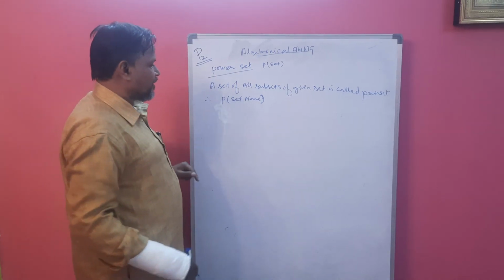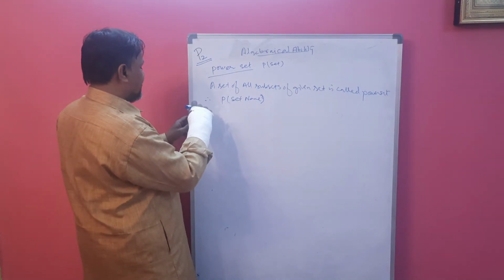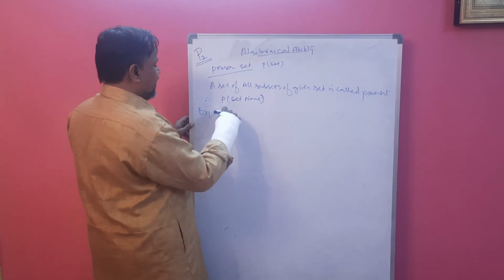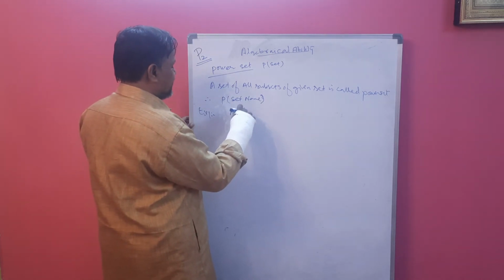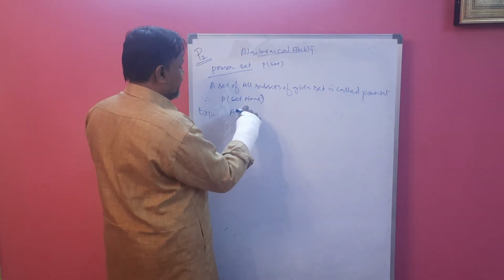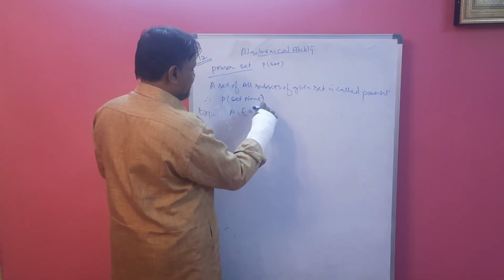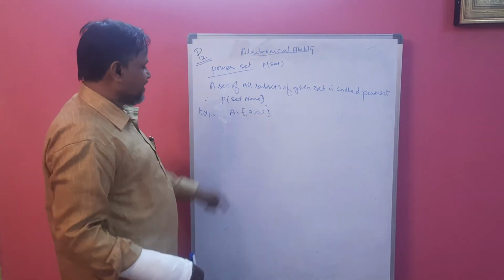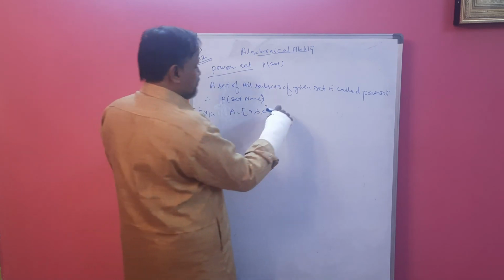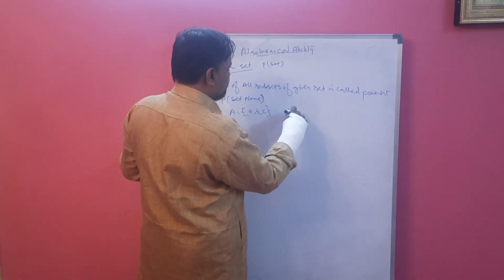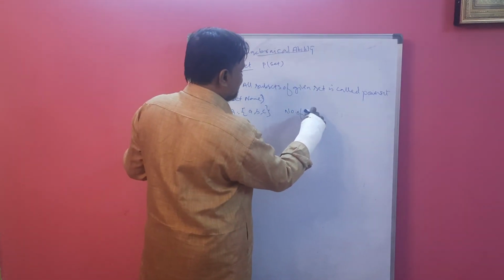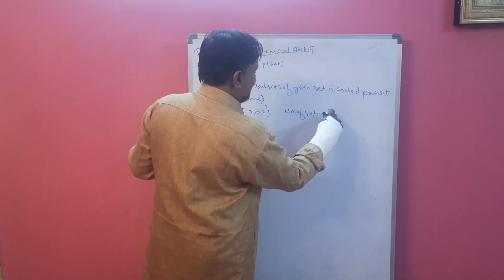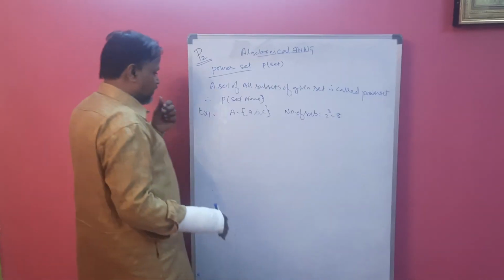Example, suppose we are taking example 1 for this. A is a set having 3 elements: A, B, C. How many elements are there? 3. So number of subsets is how much? That is 2 to the power of 3, 8. We already know that.